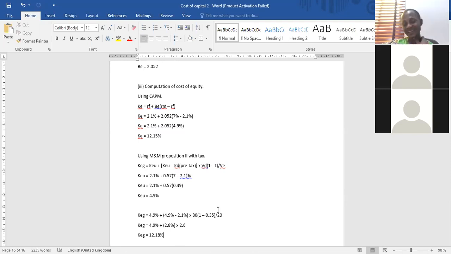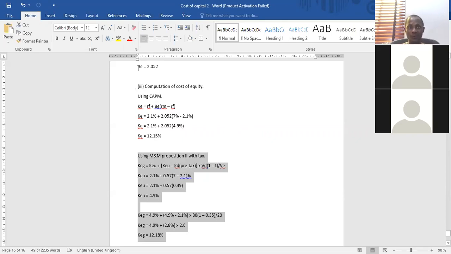You can see that they are very, very similar. So you can approximate them to 12.2. So the two will give the same result. However, if I'm in the exam hall and the examiner has told me to use CAPM or proposition 2, you see that proposition 2 will take a longer time to compute than CAPM.